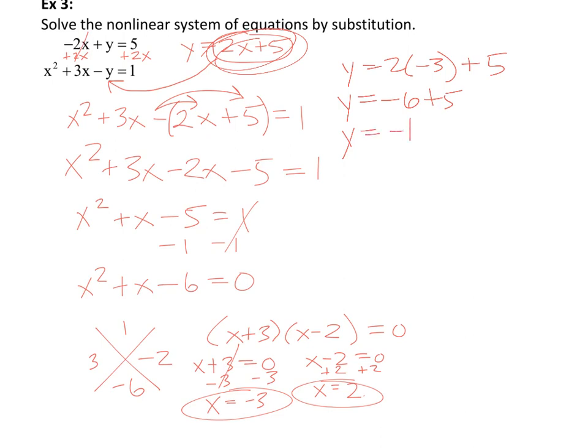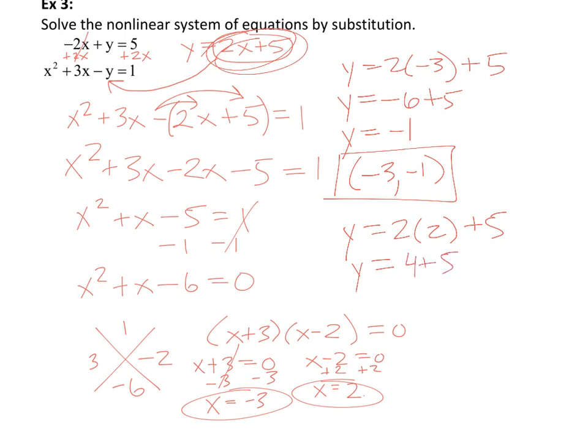And I have (-3, -1). That's one of my answers. And then I have y is equal to 2 times 2 plus 5. Y is equal to 4 plus 5, y is equal to 9. So my other point is (2, 9). So there's my two solutions to this system. Let's do another example.